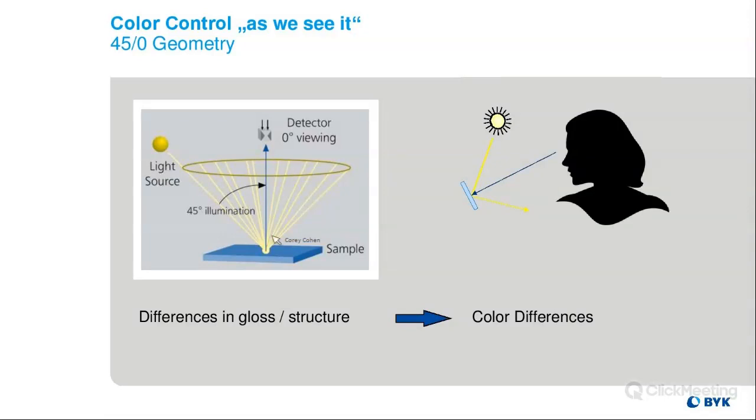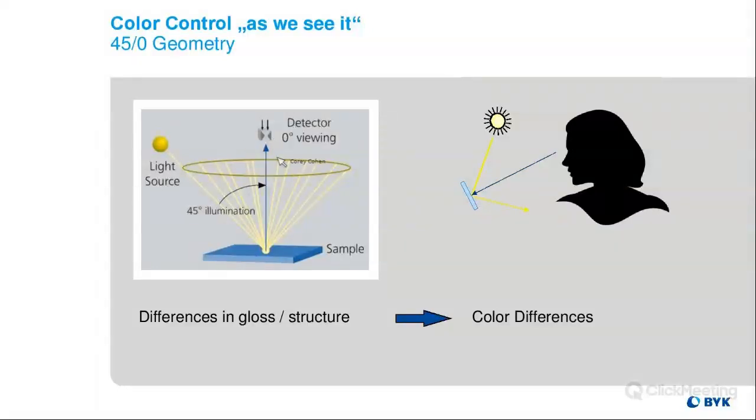But with this instrument, the 45-0, that is meant to mimic the way we see color in real life. As mentioned before, if we have a light source coming in at an angle, you're not going to view the color at the specular angle. You're going to view it more or less straight on at that 0-degree angle, similar to how the detector is positioned.